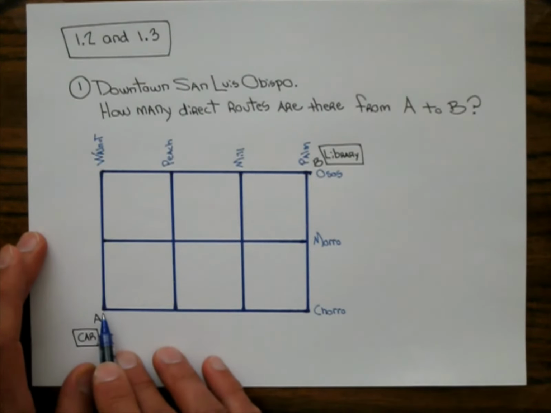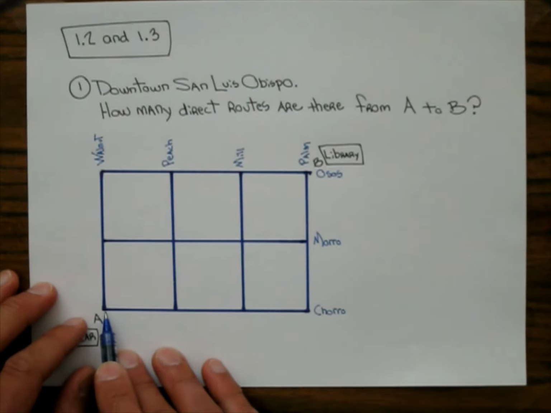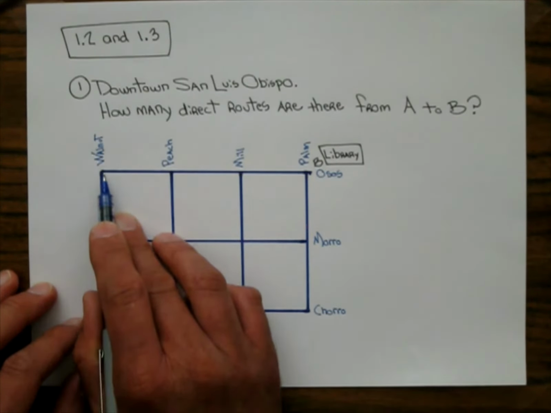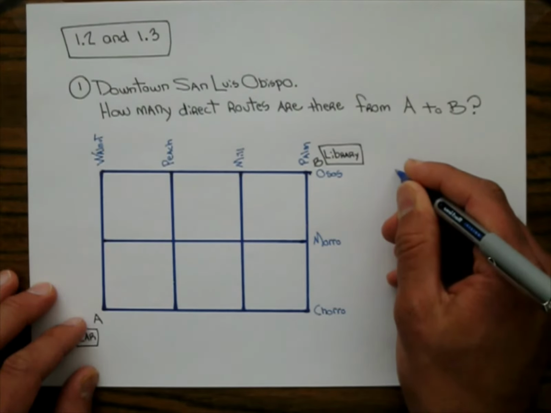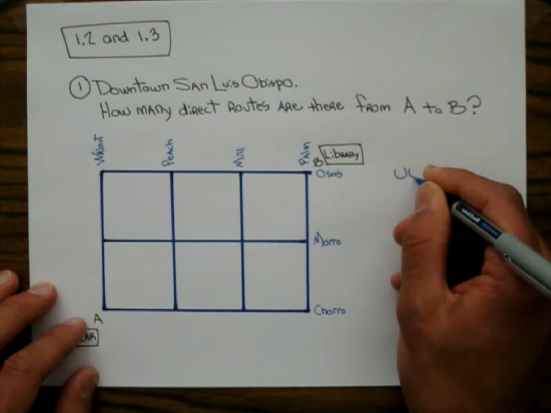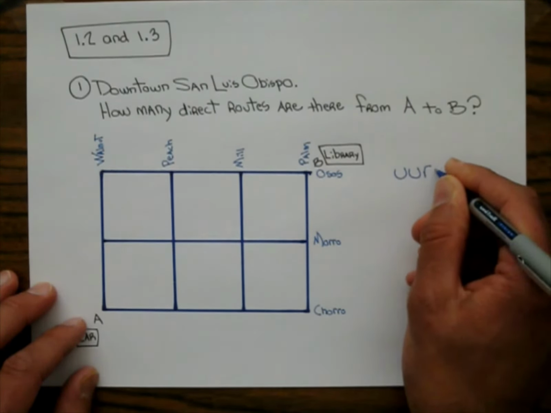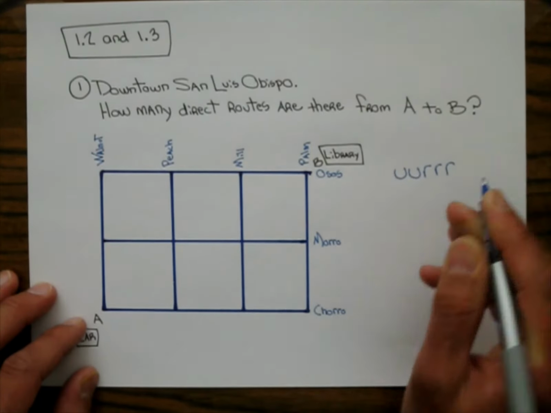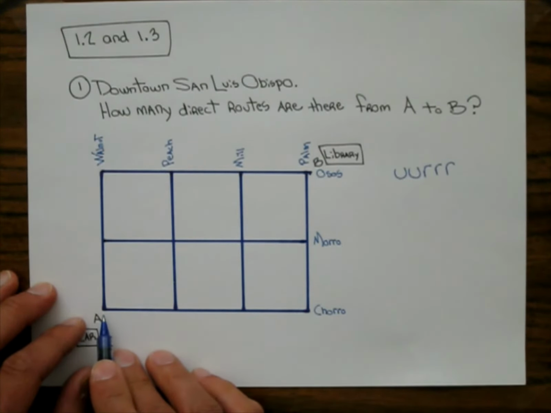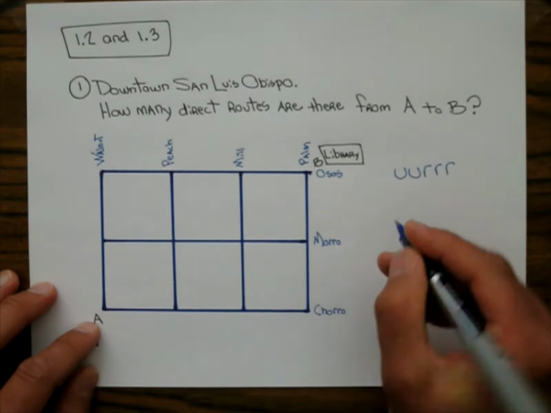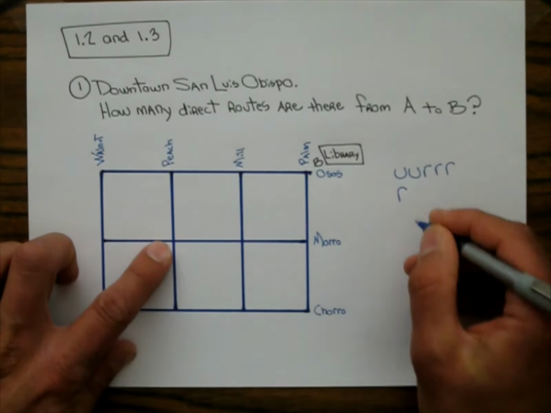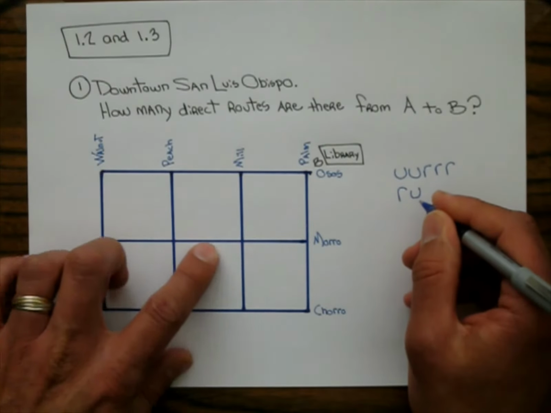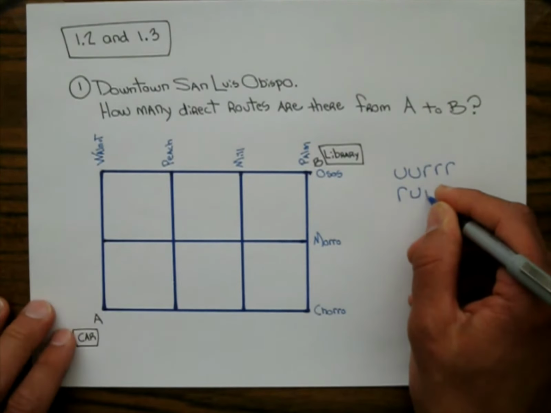So, let's say that we went up, up, right, right, right. So here's one of the ways. Up, up, right, right, right. You could go right, up, I'll put my finger here, and then right, right, up.